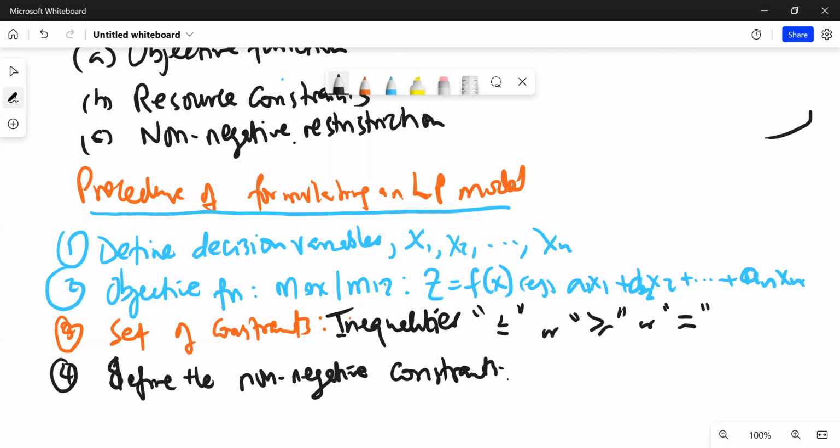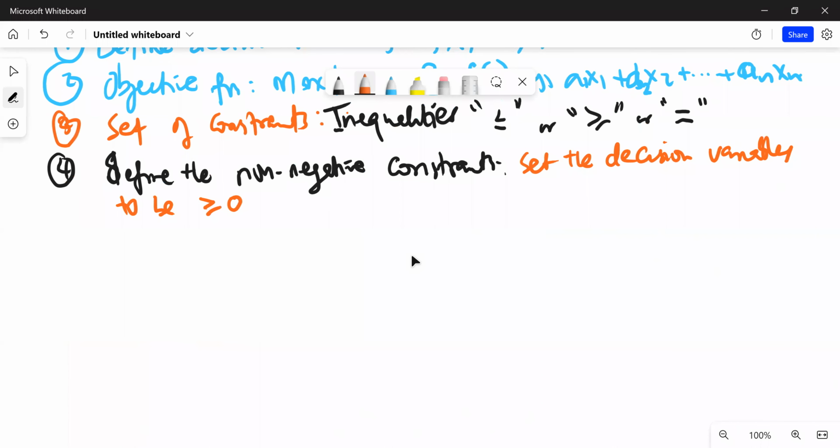And this basically means that you set the decision variables to be non-negative. To be non-negative means to be greater than or equal to 0. So each of these variables that we define here cannot be negative.